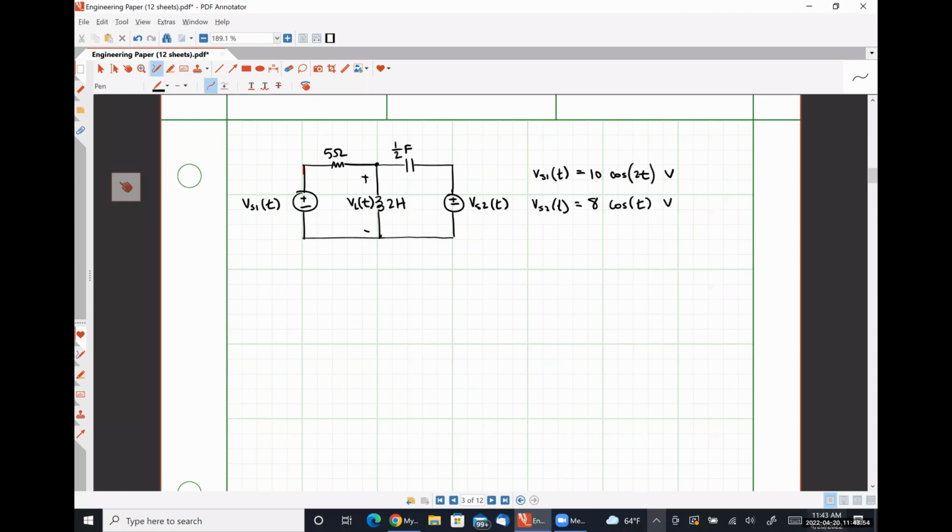Okay. So the problem with this circuit, as I was mentioning a few moments ago, is that all of our capacitors and all of our inductors will exhibit two different impedances depending on which of the sources that we're applying, right?